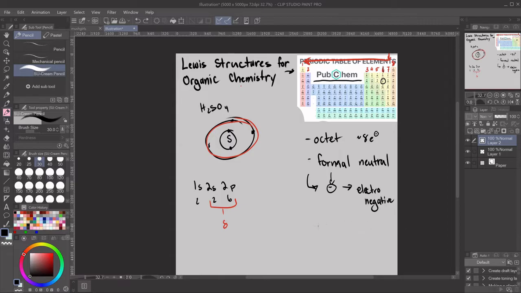So for example, fluorine is more electronegative than oxygen, which is more electronegative than nitrogen, which is more electronegative than carbon. So the idea here is that oxygen will hold a negative charge much better than a carbon. So overall, if we have to have a negative charge on our Lewis structure, we're going to want to put it on an electronegative atom like oxygen.